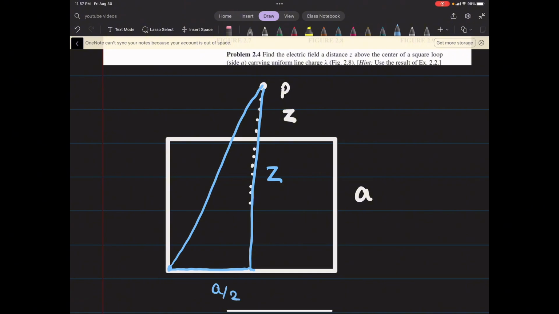This is a over 2, since the whole length is a, and this is script r. And we can start with, just imagine doing this for one of these four sides, and we'll call this angle theta.